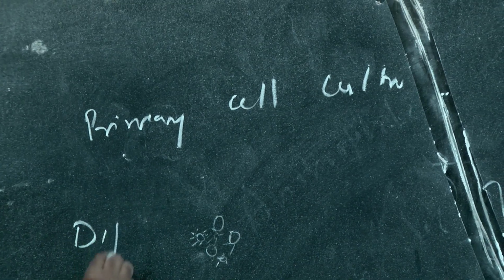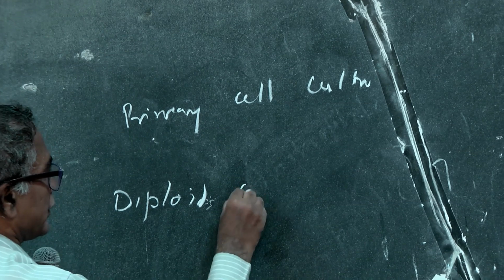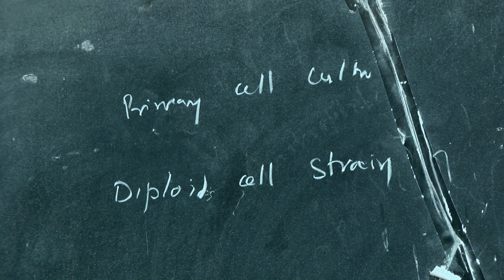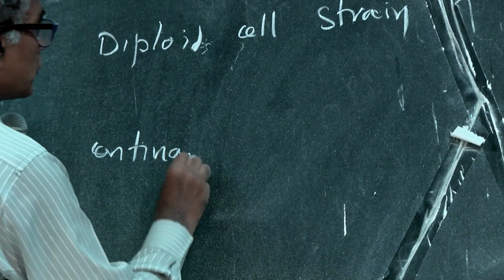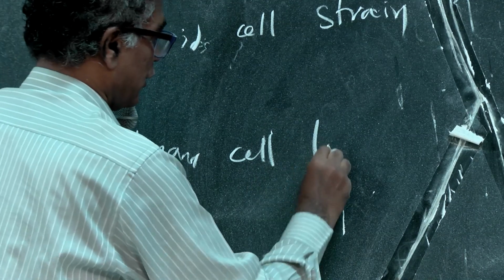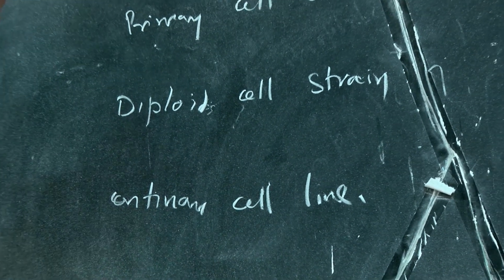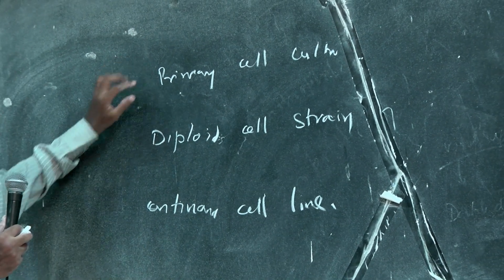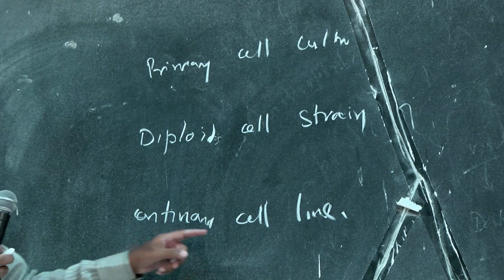Two, diploid cell strain. Three, continuous cell line. So three types of cell cultures are present: primary cell culture, diploid cell strain, and continuous cell line.